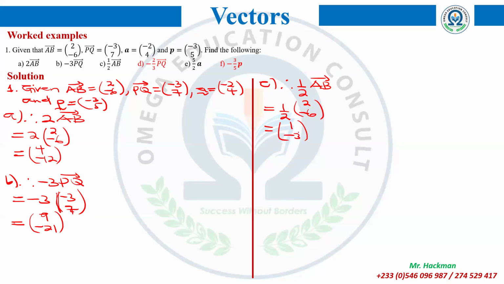If you want to use your calculator, you can, and you will get the same. But this one you don't need, don't waste your time on your calculator. You can do it mentally, unless you are not sure of yourself. So that will be it for C. You know how to multiply a positive scalar by a vector, a negative scalar by a vector, and a fraction scalar by a vector.